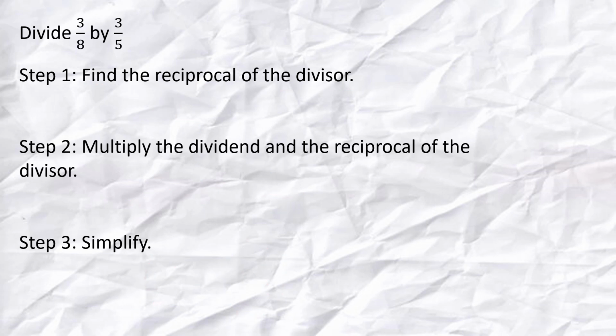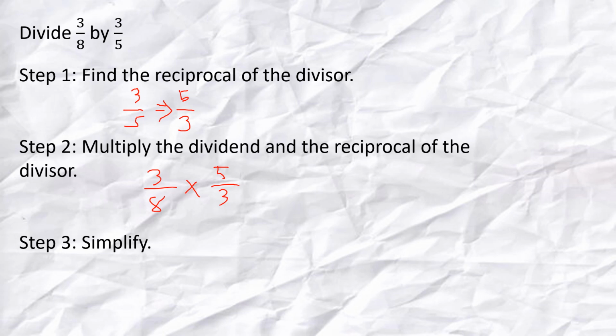Next, divide 3/8 by 3/5. Get the reciprocal of your divisor, that is 3/5. It will now become 5/3. Next, multiply the dividend, which is 3/8, to our reciprocal of the divisor, which is 5/3.